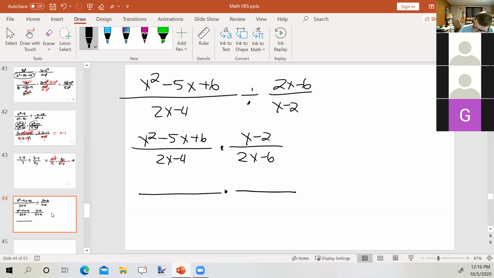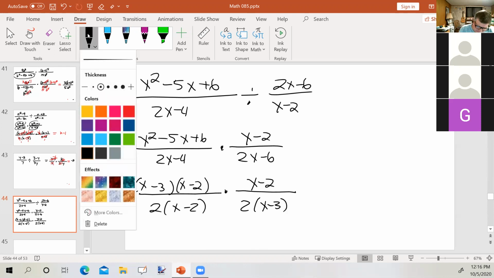x squared minus 5x plus 6 becomes x minus 3 and x minus 2, product is 6, sum is -5. 2x minus 4, we factor out a 2 and we get x minus 2 left over. x minus 2 is still x minus 2. 2x minus 6, we factor out a 2 and get x minus 3 left over.